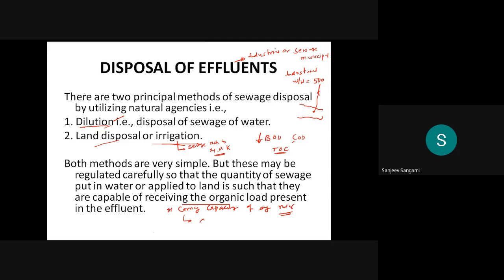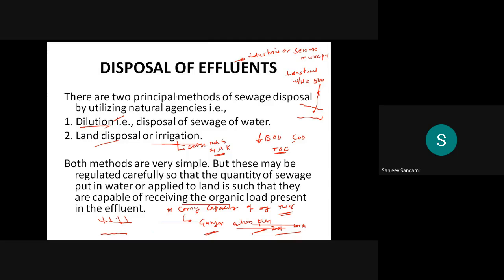The best example is the Ganga river, the Ganga Action Plan that we're talking about. It was started in 2001 and ran till 2014, around 14 to 15 years. It failed because, if you see the belt of the Ganga River, at each and every point there are discharge points.